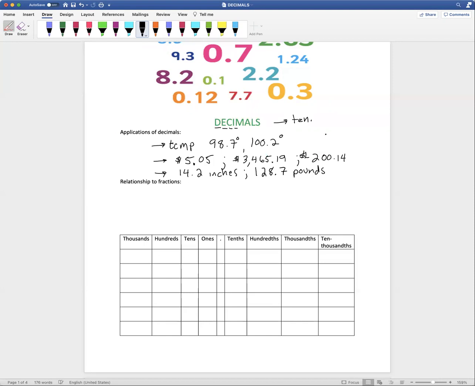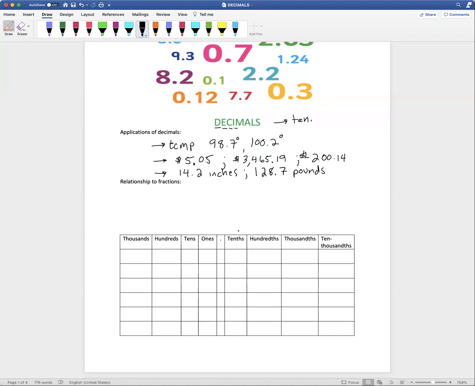A decade is 10 years, right? So anytime you see the DEC, that means we're dealing with something that has tens in it. So regarding what that means for decimals, they are built on the base 10 system.